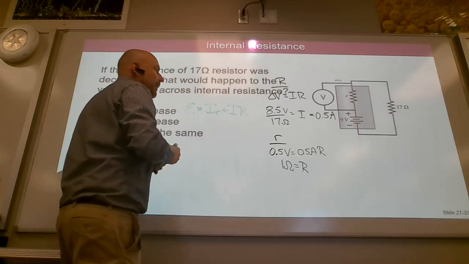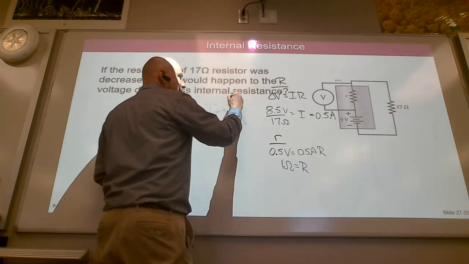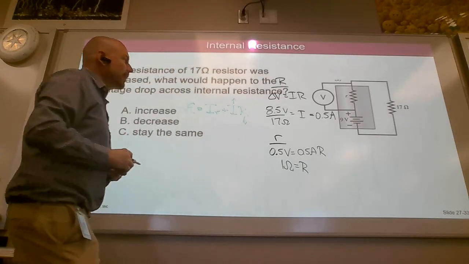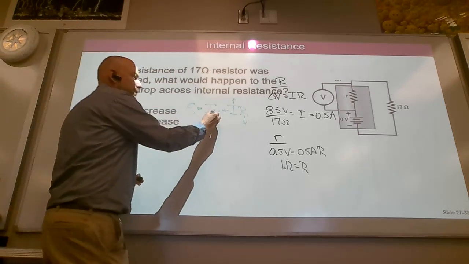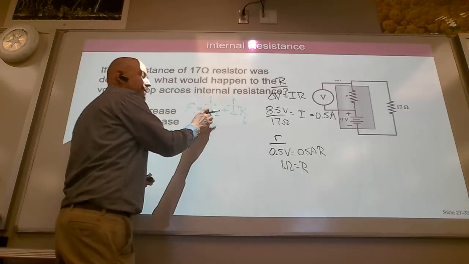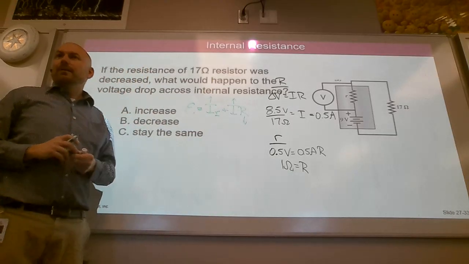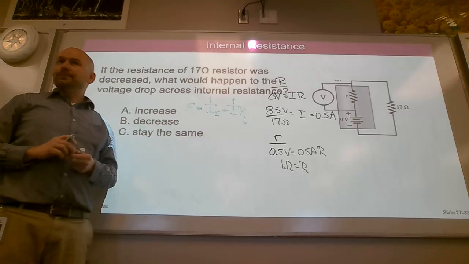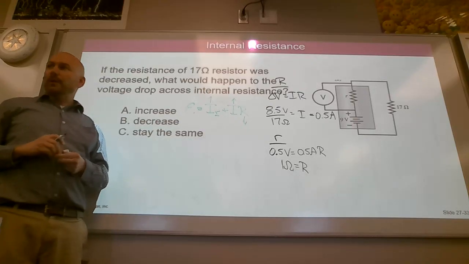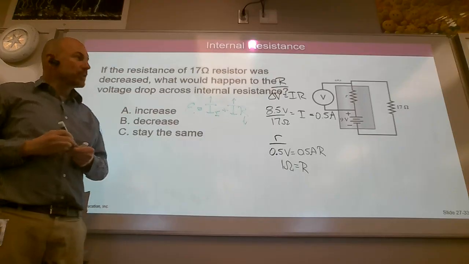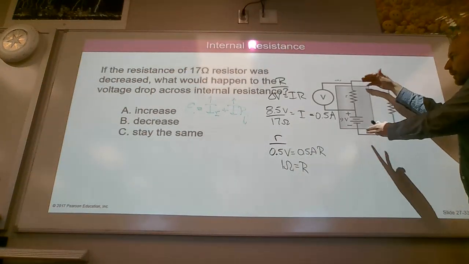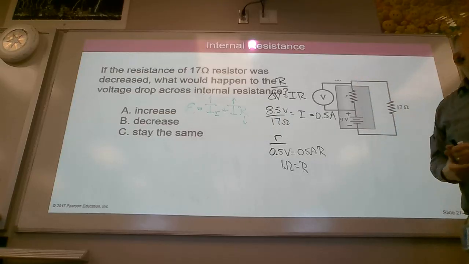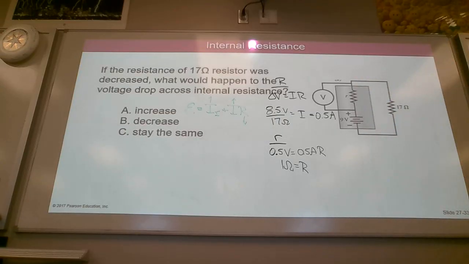Here, you don't know. But if the current is going up here, this is not changing, so the voltage across this guy is increasing. You okay with that? So you're using more energy, and less energy is available outside the circuit, the higher that current is. Good?